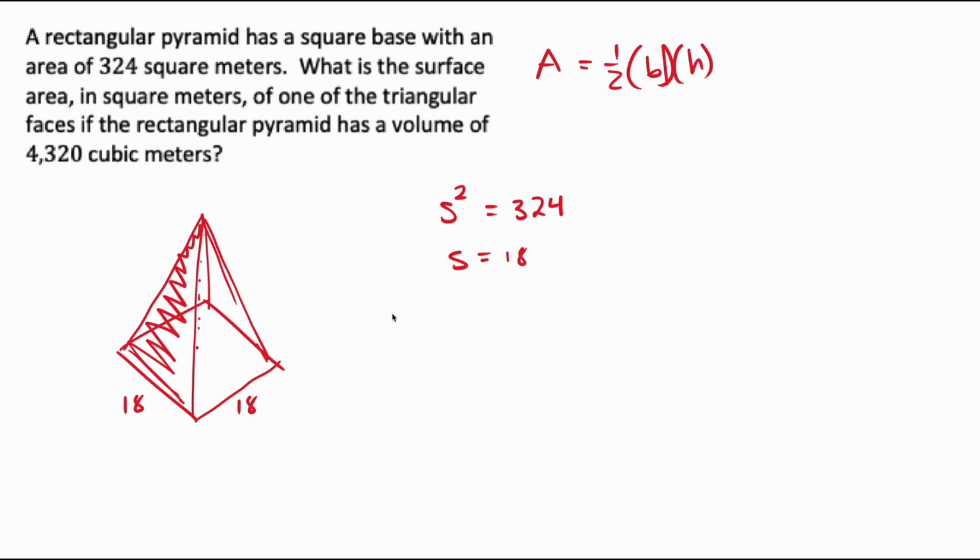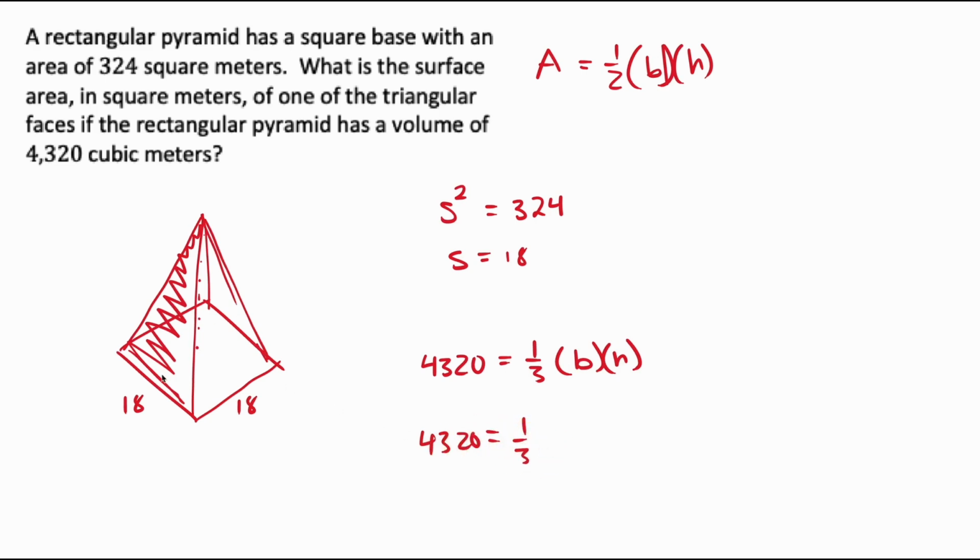So we are given that the volume of the pyramid is 4,320. Now we know how to solve for the volume of a pyramid. It's just 1/3 times the area of the base, so I'll just call that B, times the height. So in this case, I'll rewrite the 4,320 and the 1/3.